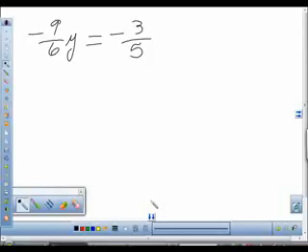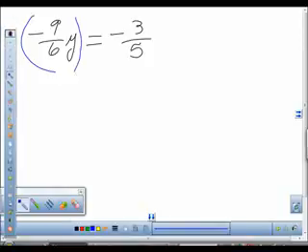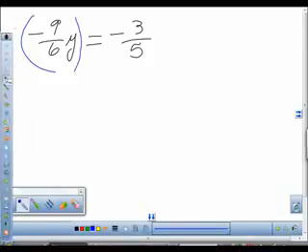Multiplication. What undoes multiplication? Division. Division undoes multiplication, but when we divide by a fraction, what do we do? Multiply by its reciprocal. What is the reciprocal of negative 9/6? Negative 6/9.